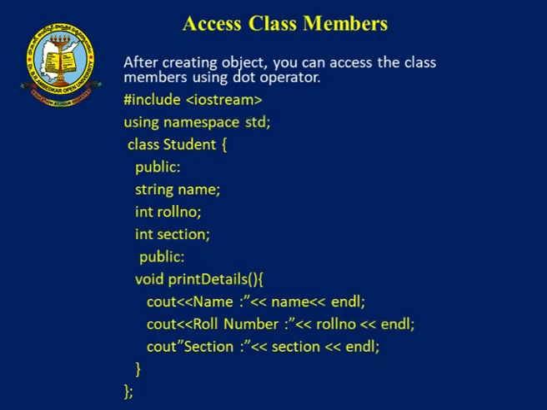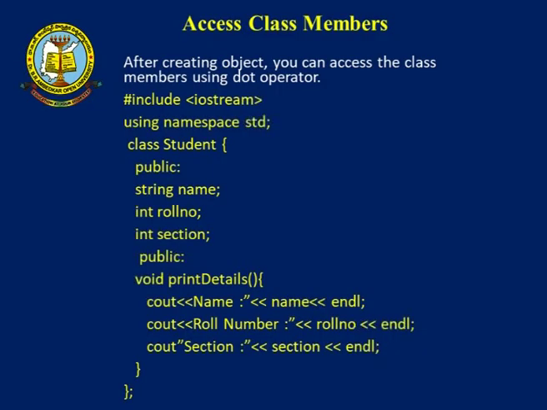Object name, dot operator, then either a variable or function name: like this you can access the class members. So same here, you write hash include iostream. After that, using namespace std. What is meant by using namespace std?